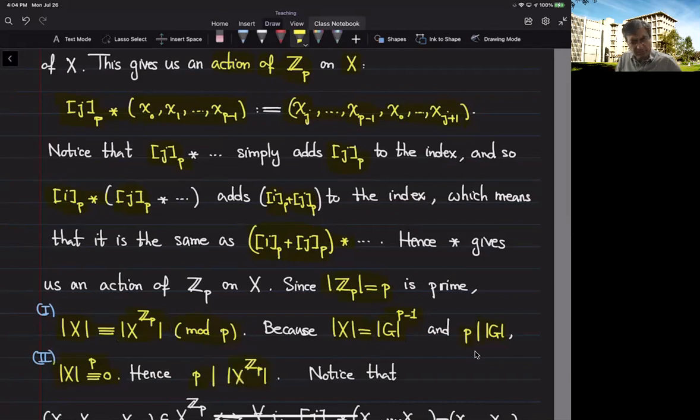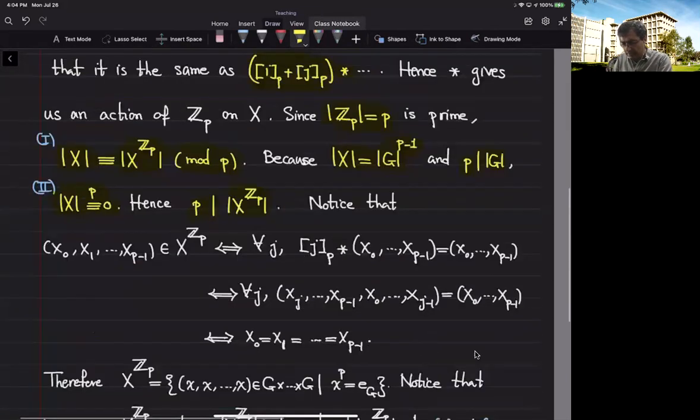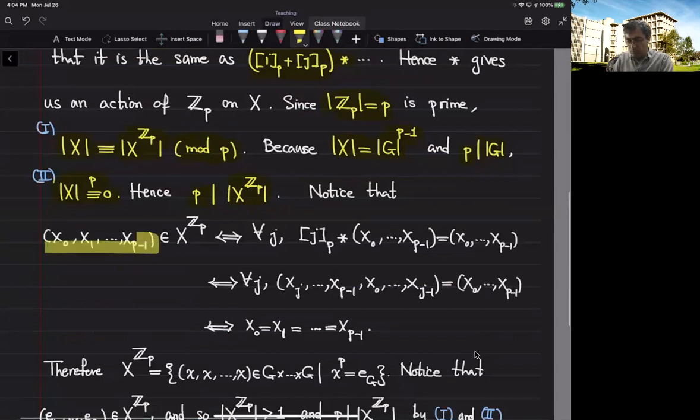But what are the fixed points of Z sub p? Let's think about it. A point x sub 0, x sub 1, dot dot dot, x sub p minus 1 is a fixed point under this action precisely when, for every residue class, as I apply this residue class to this point, I do not move the point. But when I apply this, I'm simply rotating it j times. I'm simply adding j to the indices, so I am getting this point.